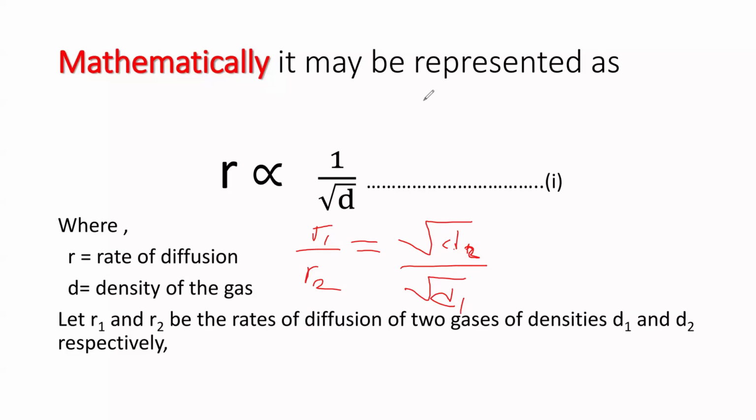This is the formula for calculating rate of diffusion. Although there are different derivations, we are going to derive many formulas from here. So let's look at our next slides.